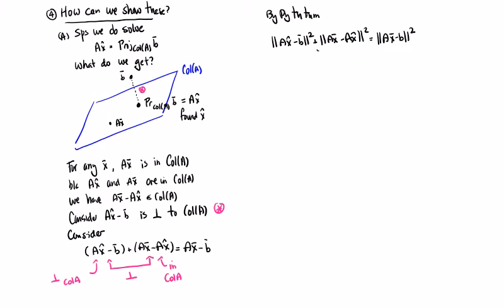Now, if you look at this one right here, because you're squaring it, that's definitely greater than or equal to 0, which means if I delete it from the equation, this is less than or equal to this. And since they're both magnitudes, I can drop the squares and get this as desired.